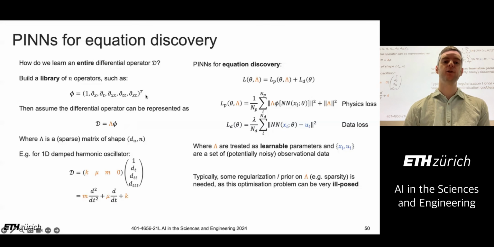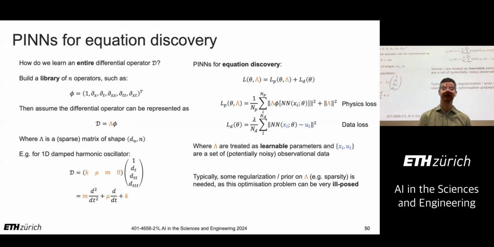So you could have u times du/dx or du/dx times du/dt, for example. Depending on the kind of space of possible differential equations that you want to be able to model, you choose that library to suit. That's typically the way it's done, but there are other ways to approach it as well.